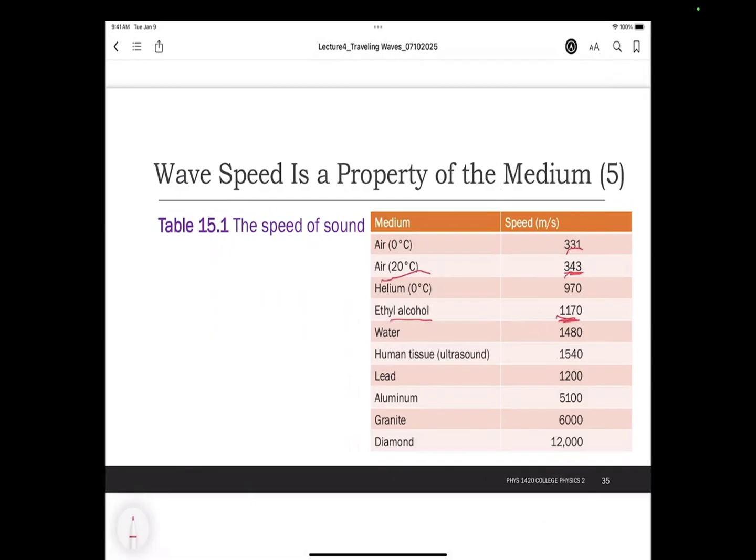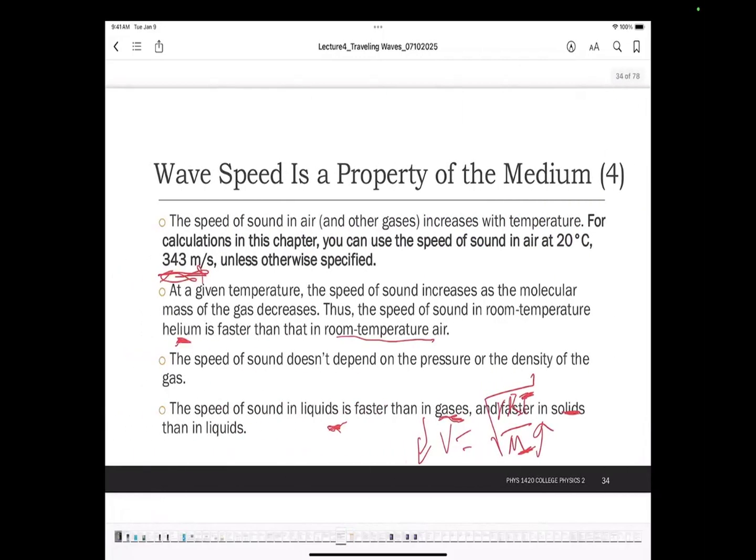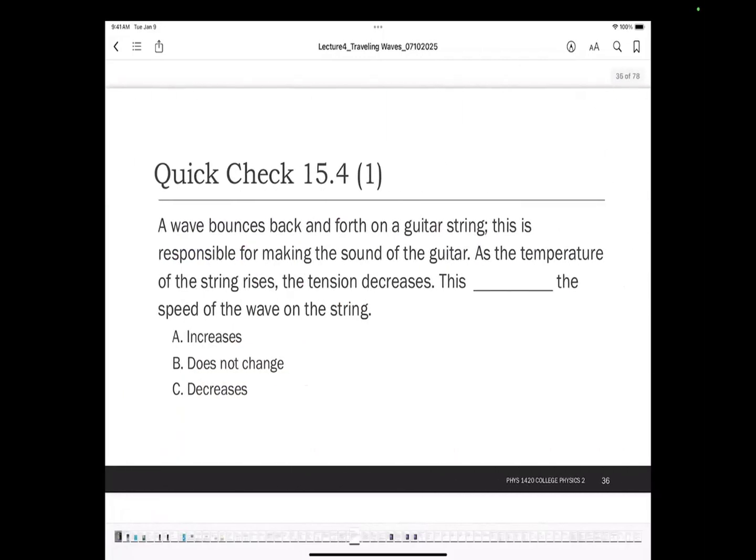The speed is much bigger. And water, human tissue, ultrasound, I think. And the lead, this is a solid material. And in diamond it is very, very high, maybe because the mass is big.